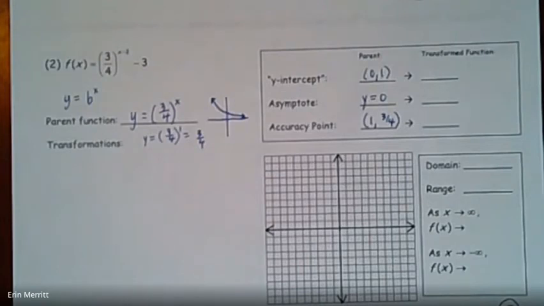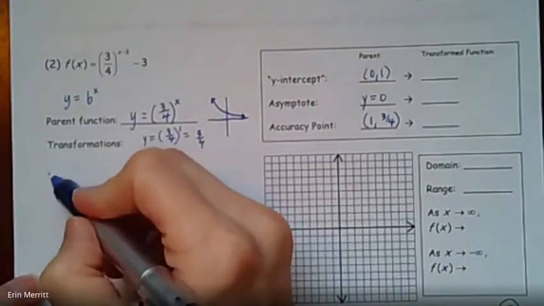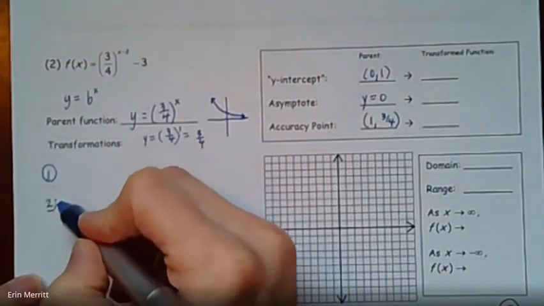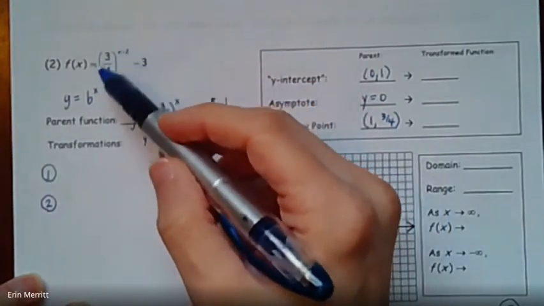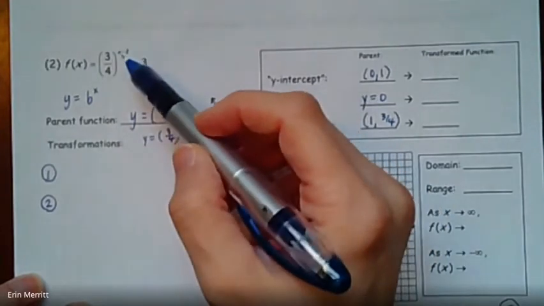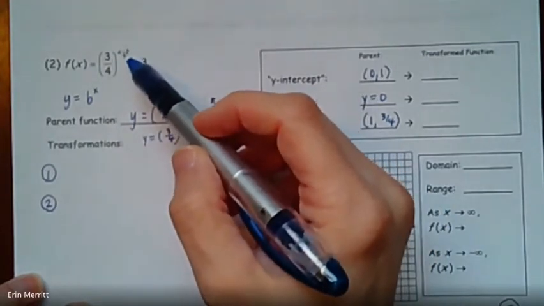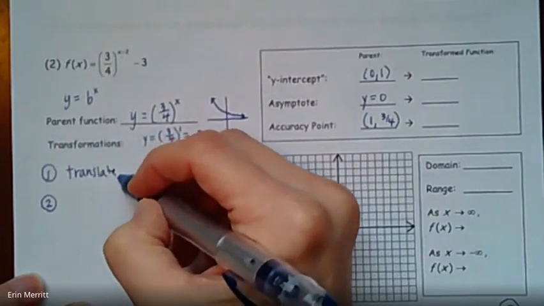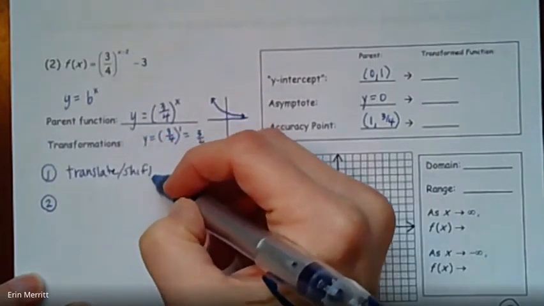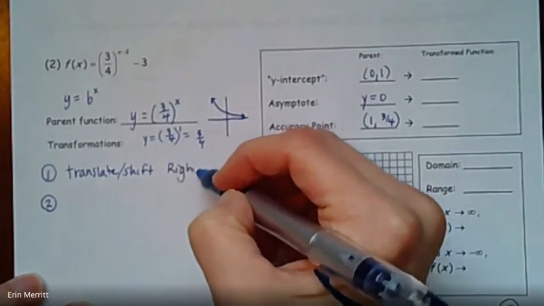Now let's talk about the transformations. Starting closest to the exponent, or to the base, I should say, and working my way out, I've got that -2 first. So since it's a -2, this means that we are going to translate or shift to the right 2 units.